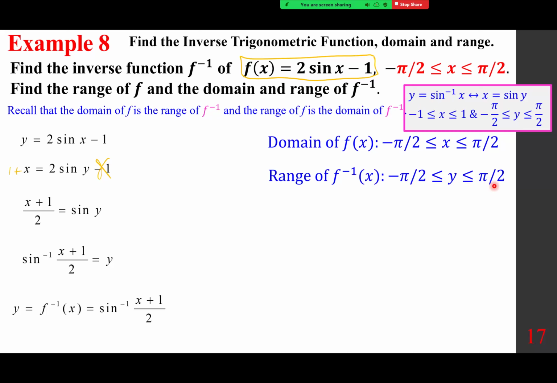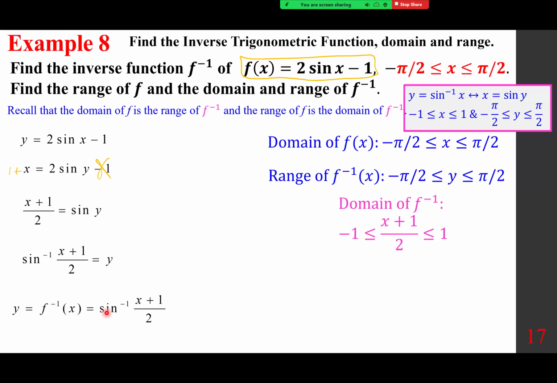We didn't have to do much, just remembering this theorem, right? Sine inverse, regardless of what it is, the domain for the inverse is between negative 1 and 1, right? So sine inverse, the domain is between negative 1 and 1.